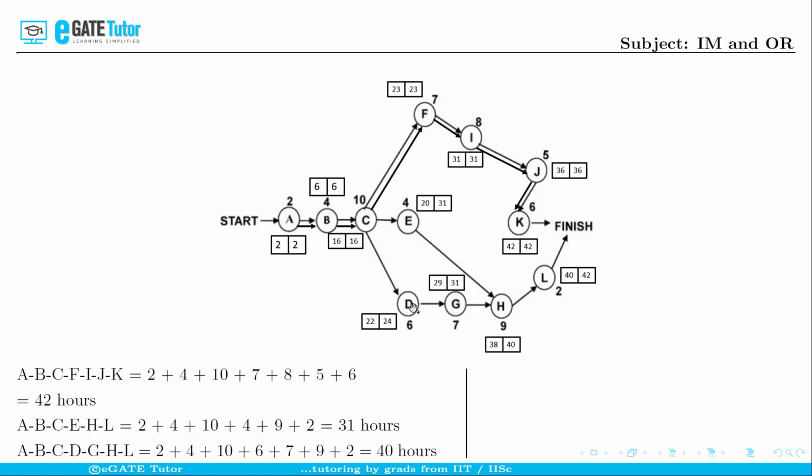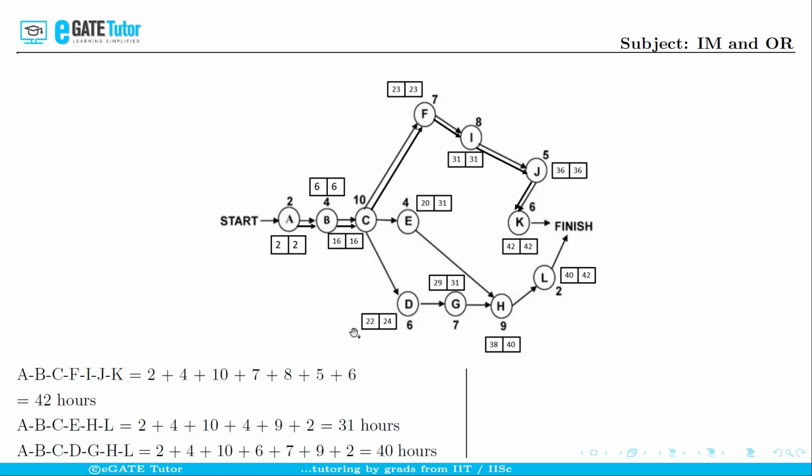And activity D takes 7 hours to complete, so just remove 7 from 31 to get 24. And similarly, just subtract 24 and 6 to get 16, which will be the latest start time for activity C.